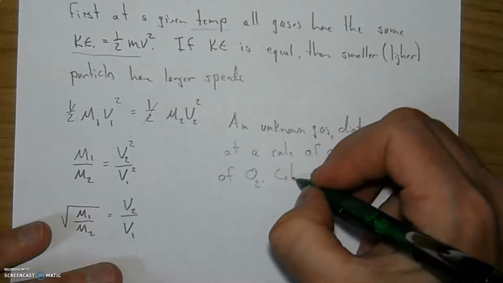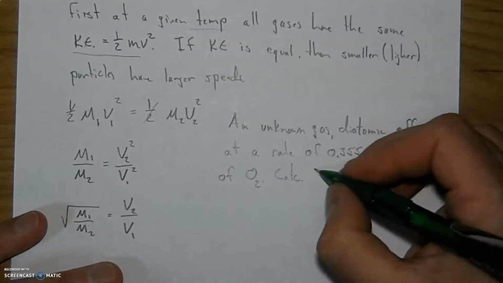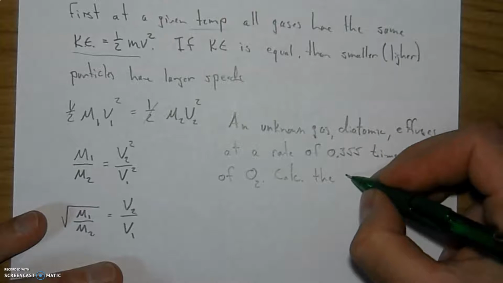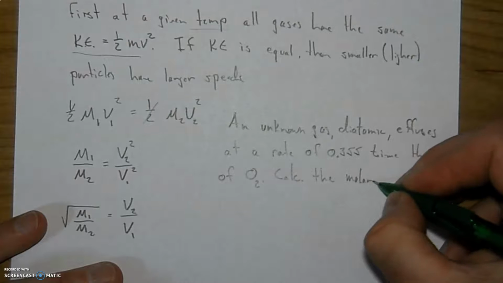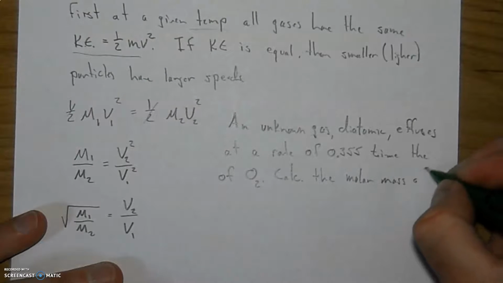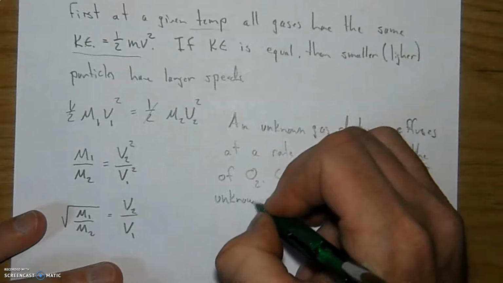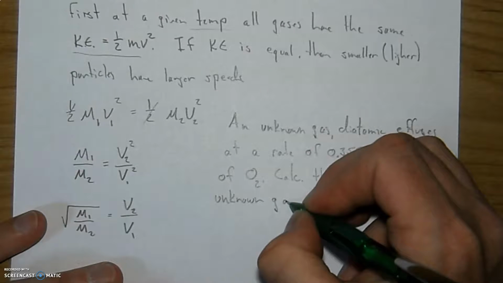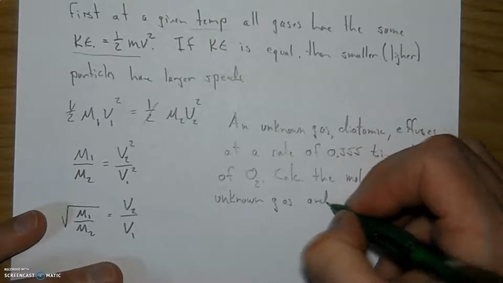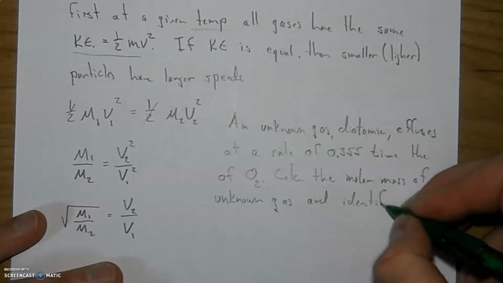So that's the information we have about this gas, who it is, how it behaves. We want to calculate the molar mass of the unknown gas and, of course, identify it based on its molar mass.